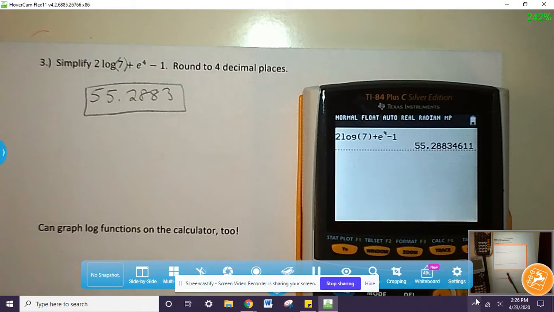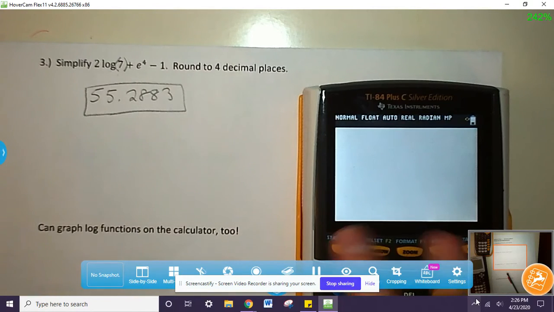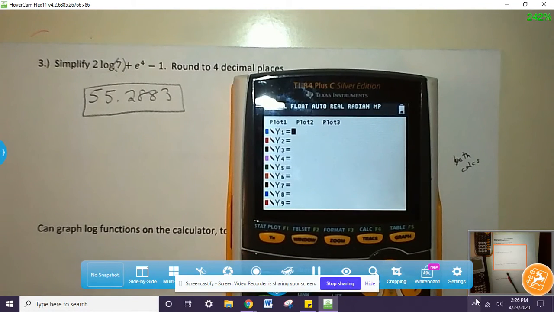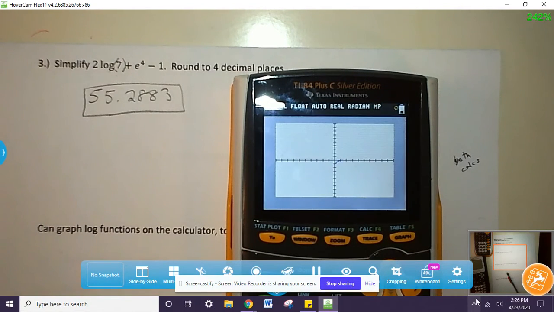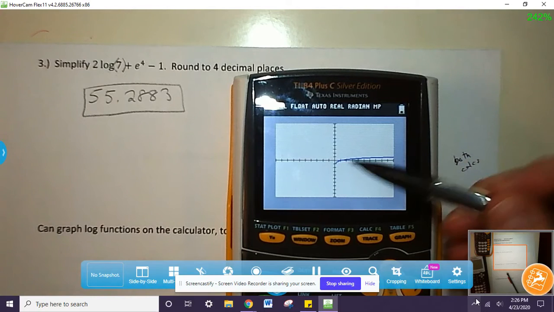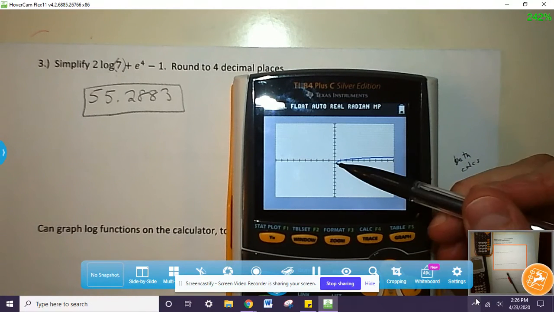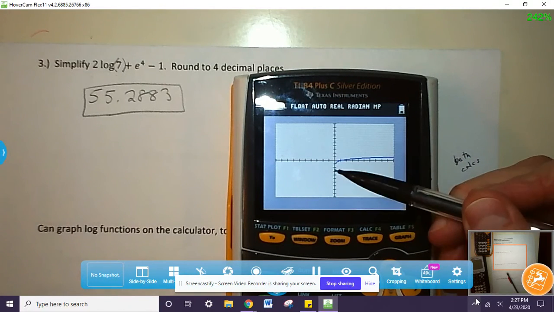And we can also graph on the calculator. So just to quickly show you that, let me graph common log. So here's common log. I'm going to go to Zoom Standard. So this is log base 10. And you can see that the calculator shows me a good part of the graph, but it's missing the part that comes down toward the asymptote.